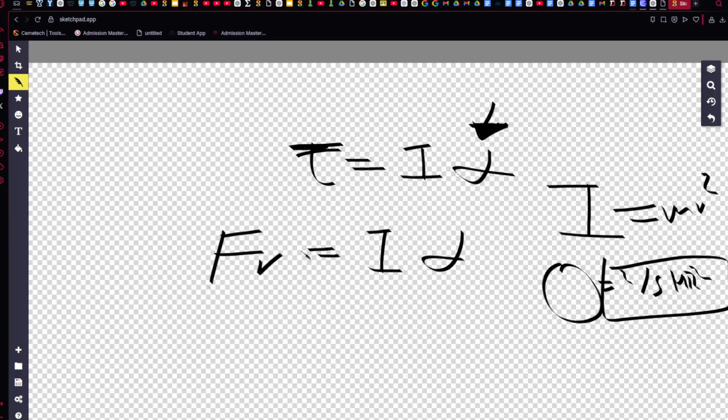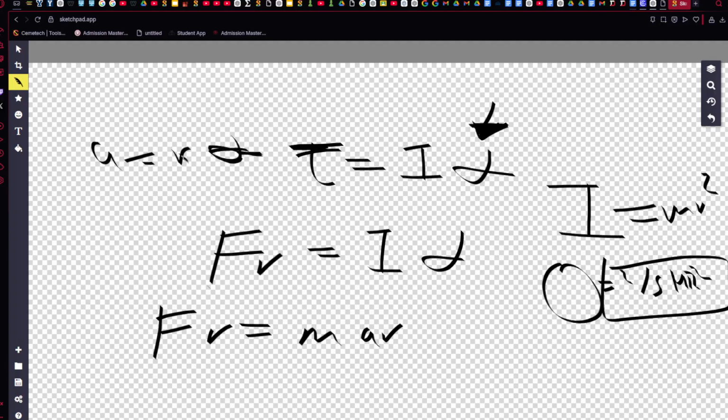Remember that force is equal to ma. So force times r is equal to m a r. But remember that a is equal to r times alpha. This is just math. Radians times the radius will give you the meters of that arc.